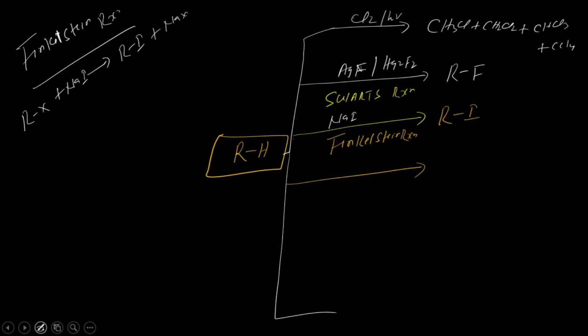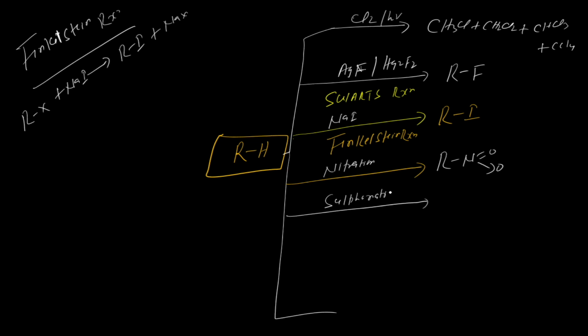Now the next one we have. Next one, iodination, chlorination, we did it. Then after we have nitration. Nitration is with HNO3, so it will give you nitro compound, nitroalkane. Now again with the sulfonation. Sulfonation means with H2SO4, nitration means with HNO3.